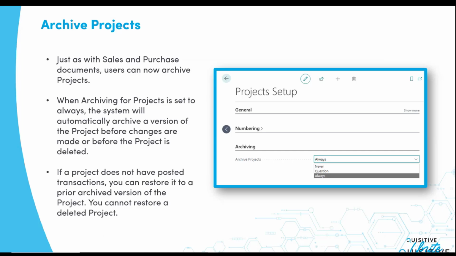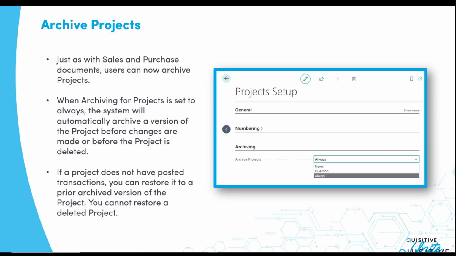Archiving projects is a new function that has been added this year as well. What you can now do is in your project setup, you have the ability to archive projects, meaning that if you post transactions into the system, a version of that particular project is taken as a snapshot and saved as an archived view.